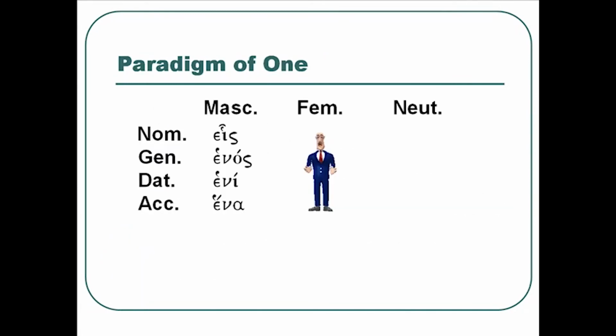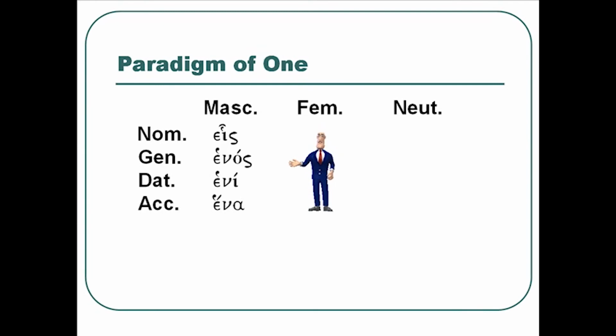One other paradigm that you should be aware of, because it can be pretty tricky, is the paradigm for the number 1. In the masculine nominative, it's heis. You've got to be real careful that you see it's heis, not eis, the preposition into. So be careful of the rough breathing there.